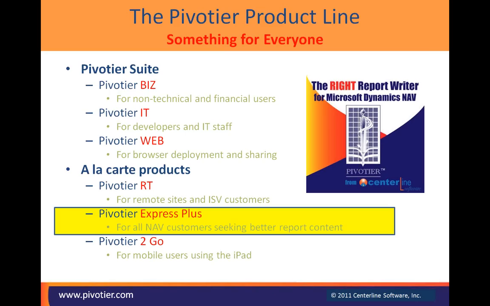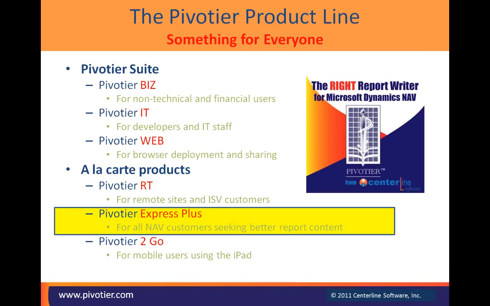Pivotier Express Plus is similar to Pivotier RT in that you have the ability to run reports only, without the ability to perform complex modifications to those reports, except the difference being these reports are going to be built and delivered by Centerline Software as a complete report package to replace and augment your base NAV reporting.